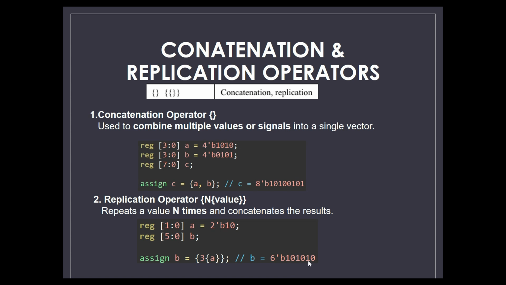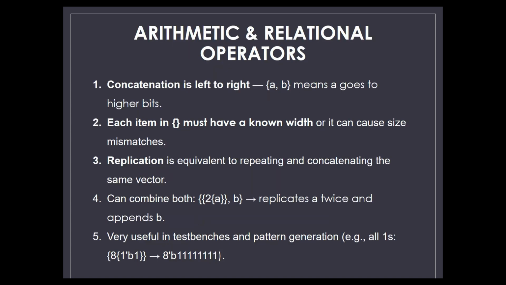At the RHS, I will have 8-bit data. But on the LHS, I only have 6-bit width. So, as we discussed earlier, if I have more bit data on RHS and less width on LHS, then the upper bits will be truncated. The same will take place here. So, to properly assign, we should have a known width.